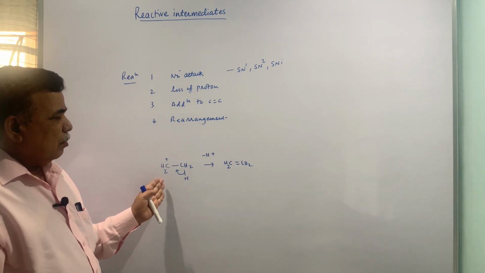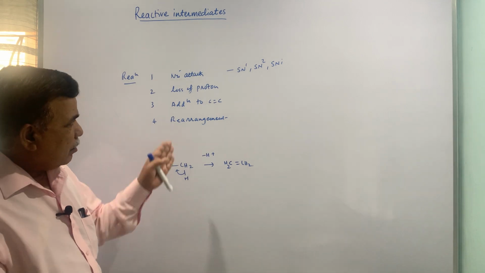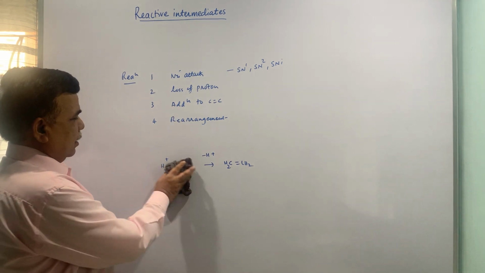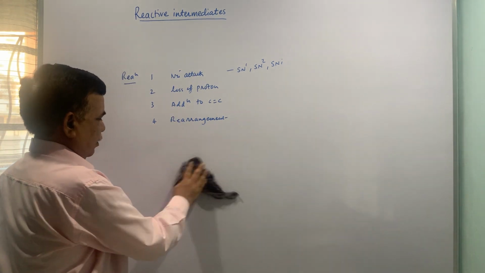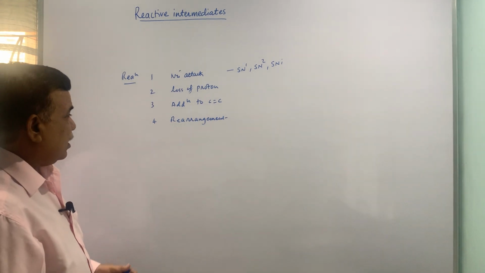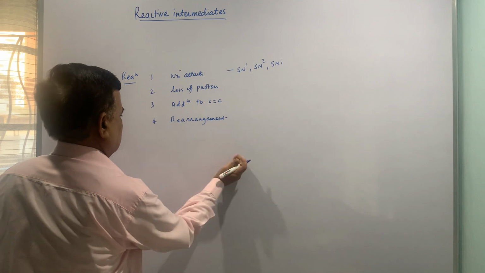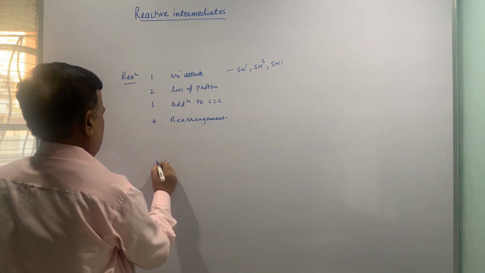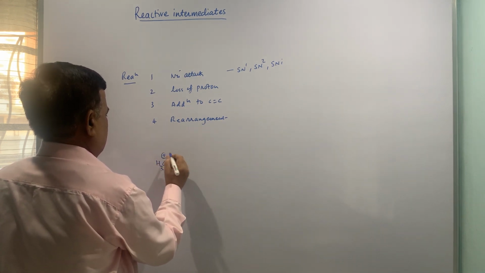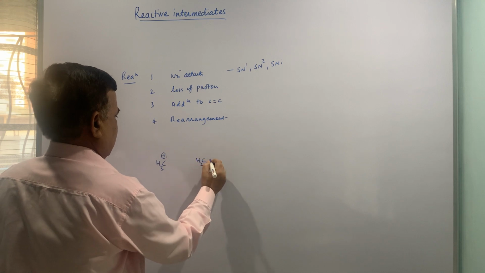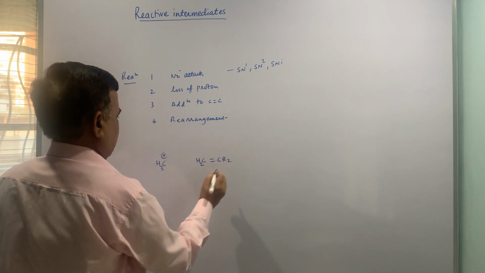The third fate or third reaction is the addition to double bonds. So let us say I am having this proton.